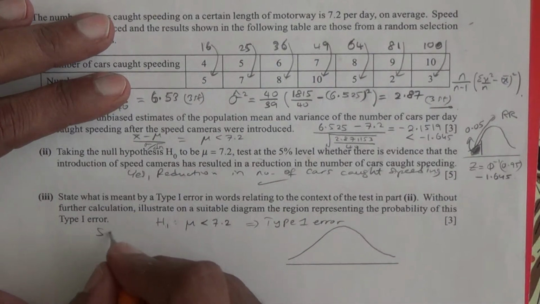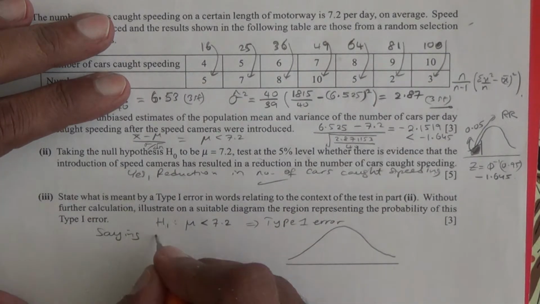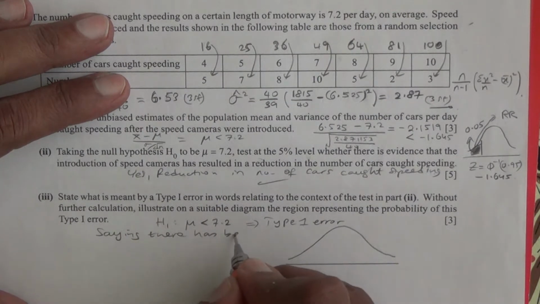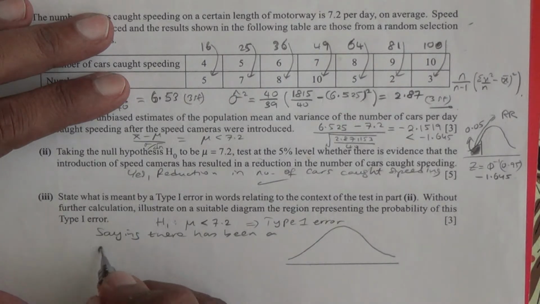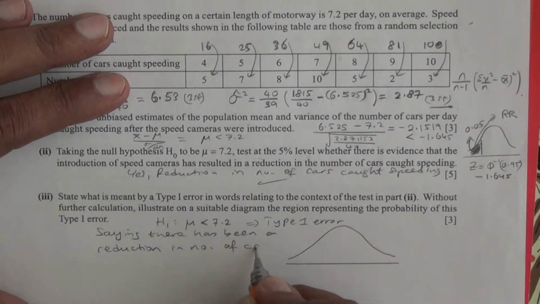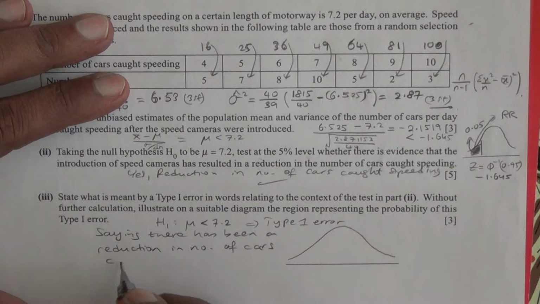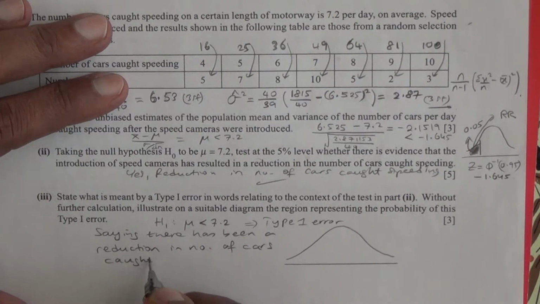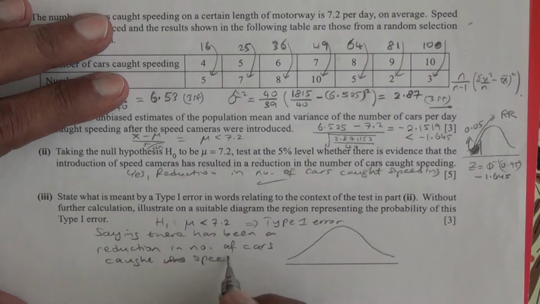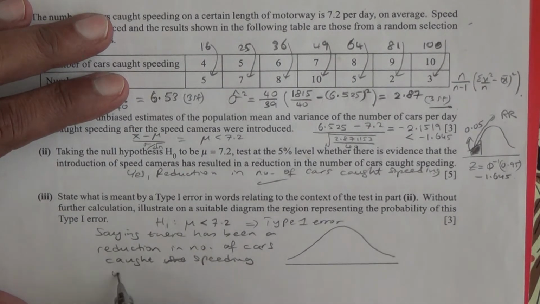So we are saying that there has been a reduction in number of cars caught speeding when there hasn't.